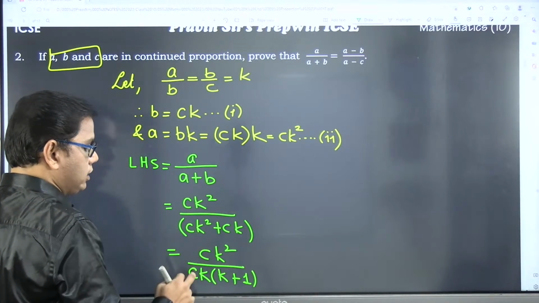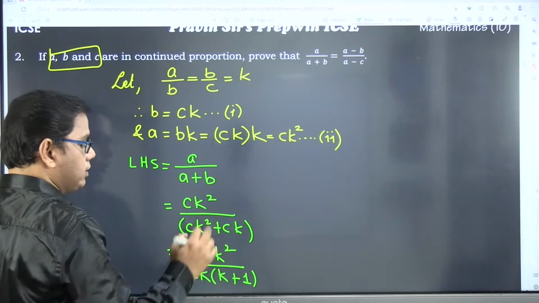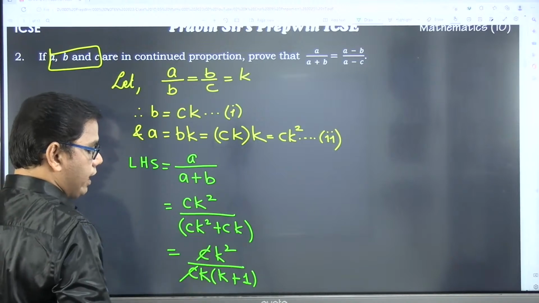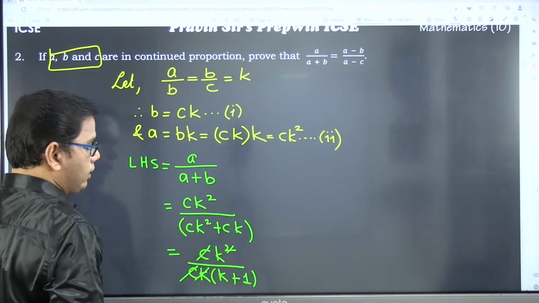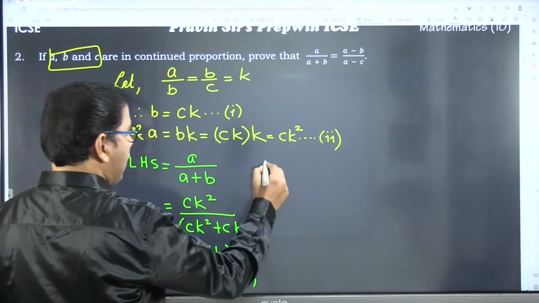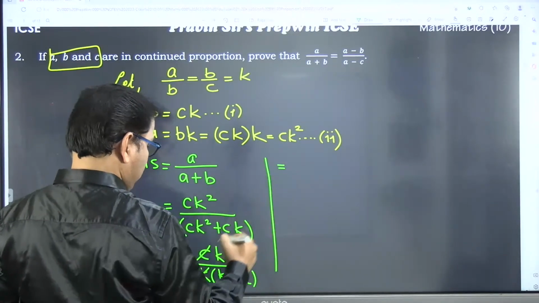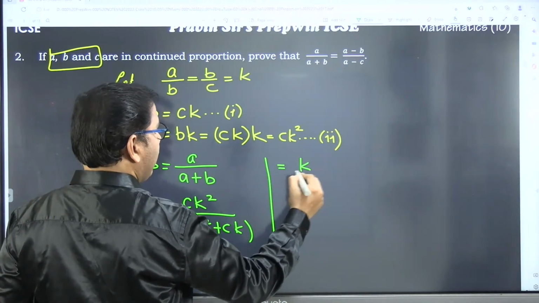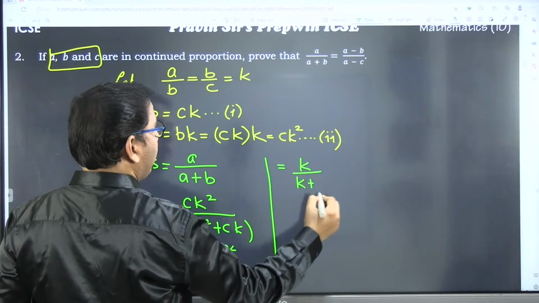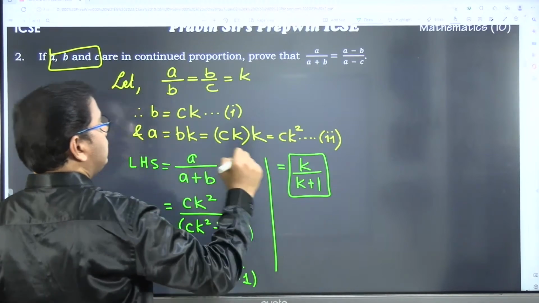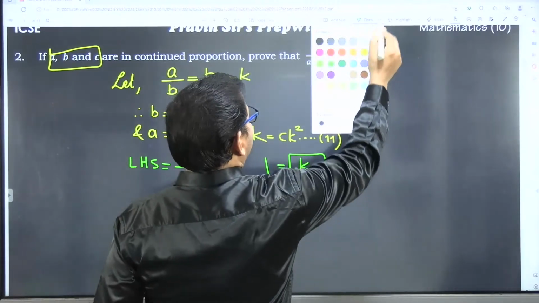CK into K is CK square and CK into 1 is CK. Now C and C get cancelled, and K square and K get cancelled. So my LHS is K upon K plus 1.